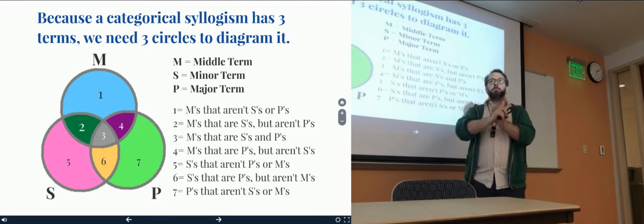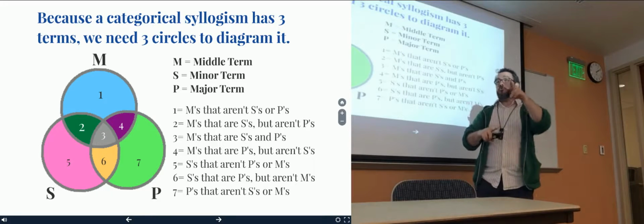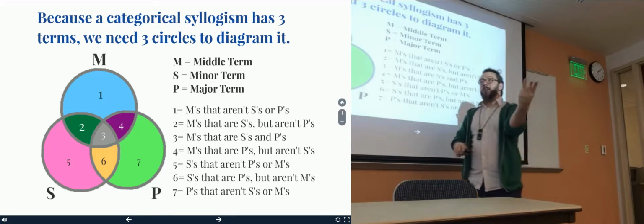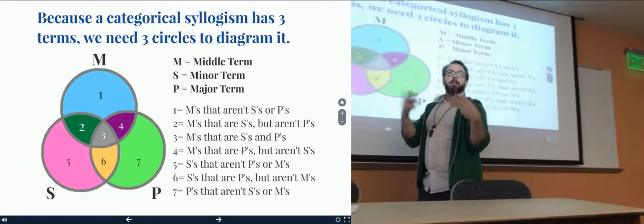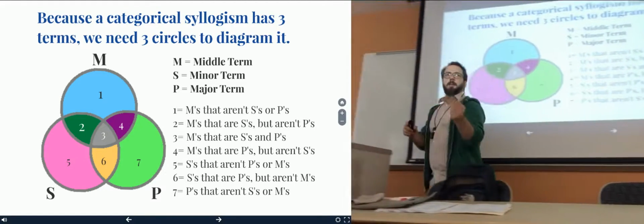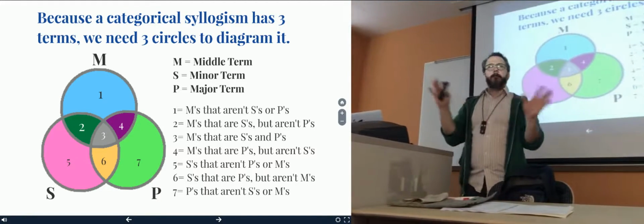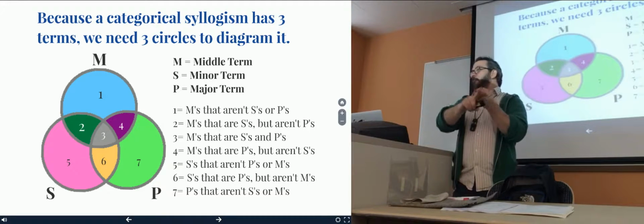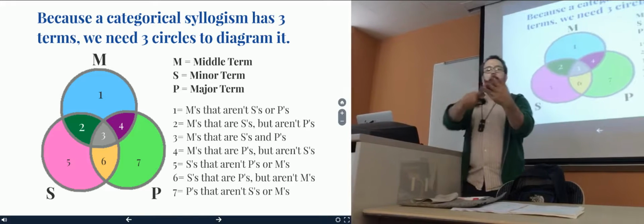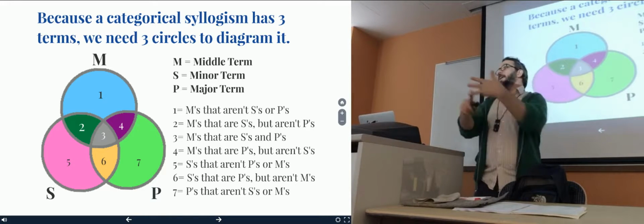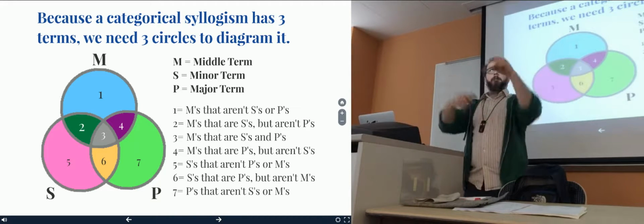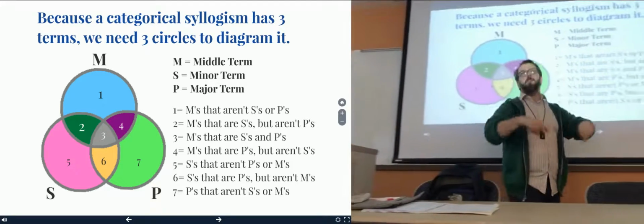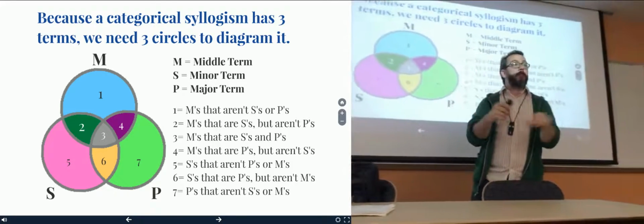One, because I have to represent the relationships between not just 2 terms, not just S and P, but now S and P and M, my middle term that's relating them. And we've hopefully already noticed that every categorical syllogism is some statement about my major term relating it to my middle term, some statement about my minor term relating it to my middle term, and then that middle term acting as a link between my major and minor term, so that in my conclusion I can give you a relationship between the major and minor term.